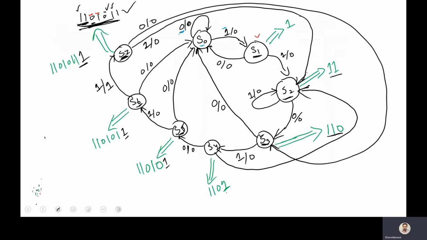Okay. Now when we are at this state S1 and input is 0, next state is S0, as you can see here. And in case of input 1, next state is S2, right?